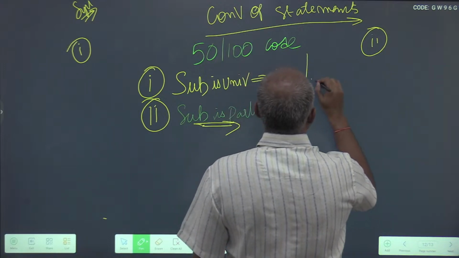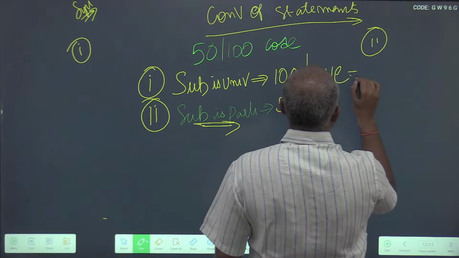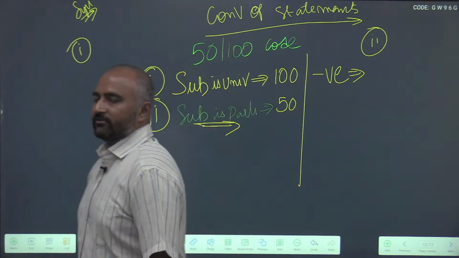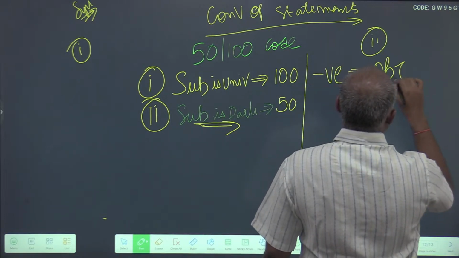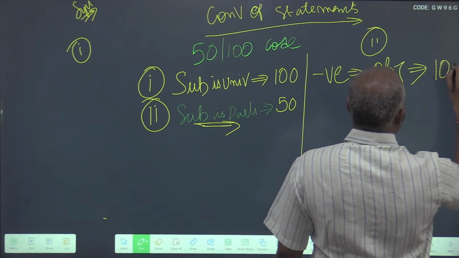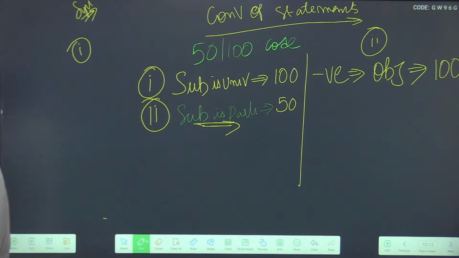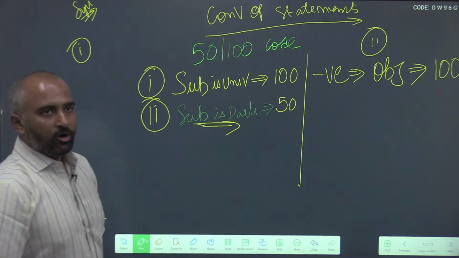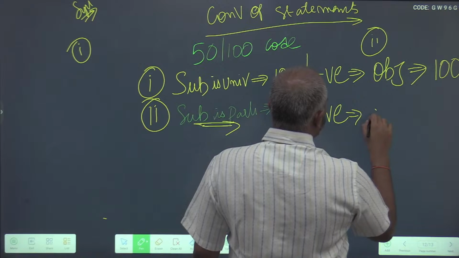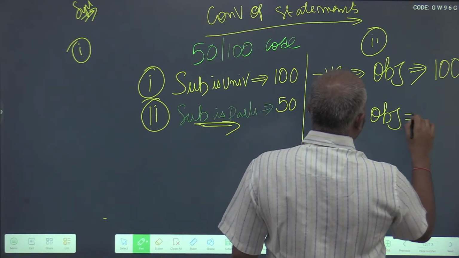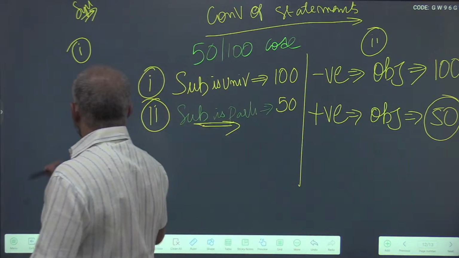Next, rule number 2. If the statement is negative, your object will be given a value of 100. If it is positive, the object will be given a value of 50. Two simple rules, right?